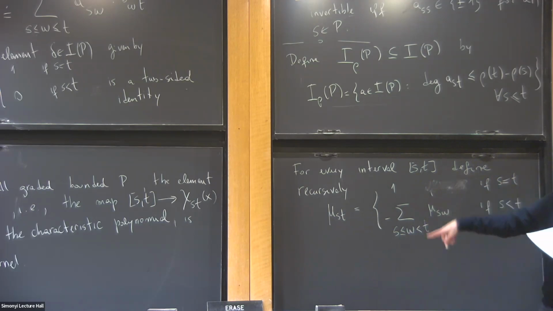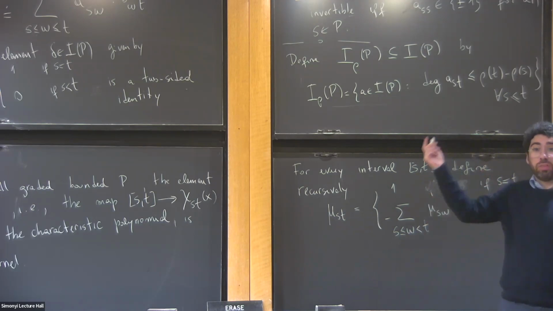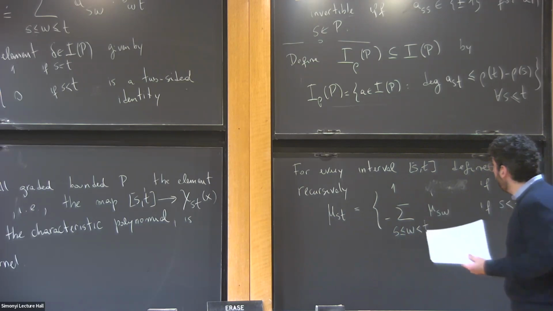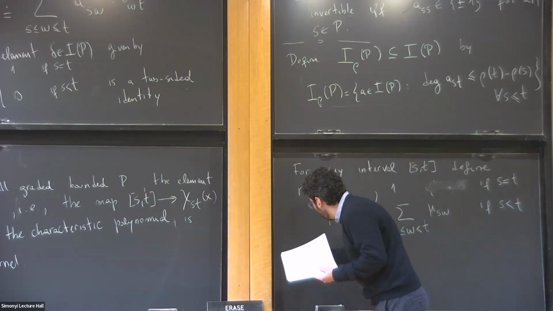So this will define a number for every interval. That's the Mobius number of the interval.